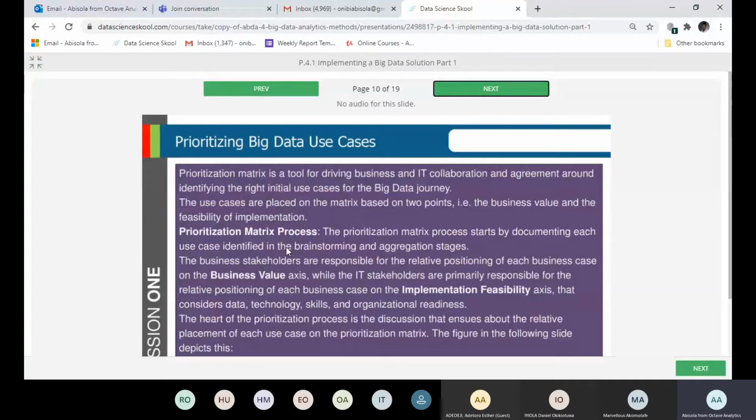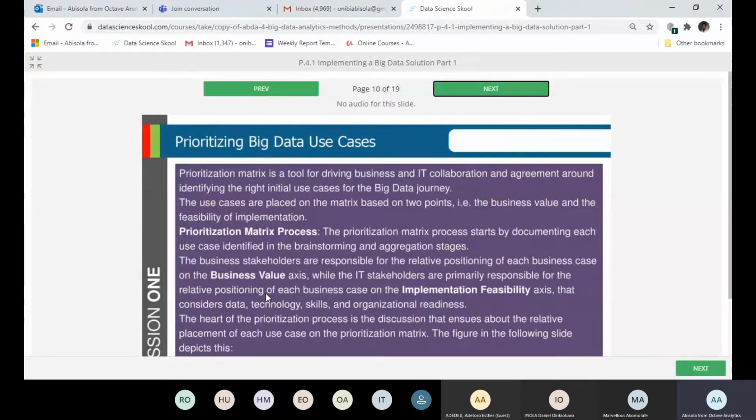So the business stakeholders are responsible for relative positioning of each business case on the business value axis. So we have the business value axis, which is like the y-axis, and it is the business stakeholders that are responsible for positioning the business case on it, while the IT stakeholders are responsible for positioning each business case on the implementation feasibility axis, which is the x-axis.